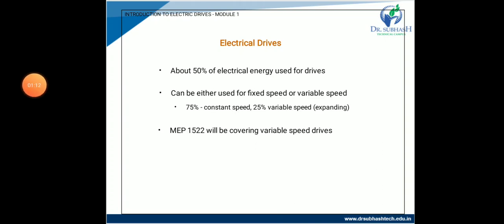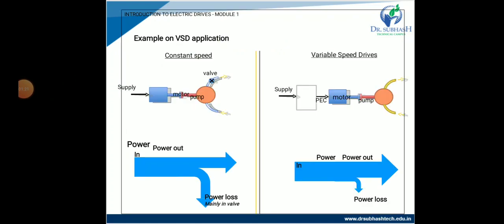So variable speed and constant speed have different types of applications. Example of variable speed drive applications: in constant speed, the supply is given directly to the motor, and the motor drives the pump and valve.